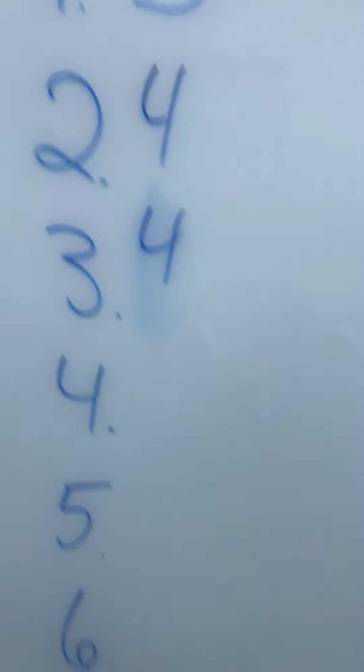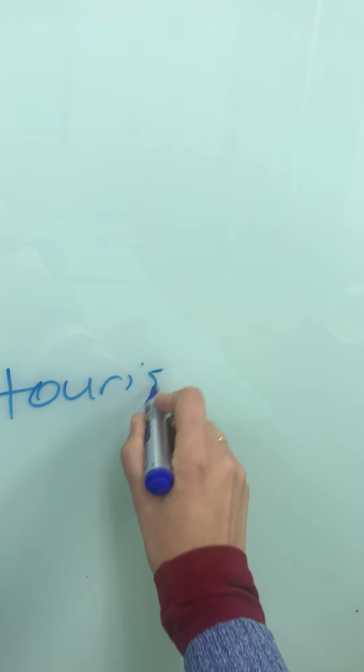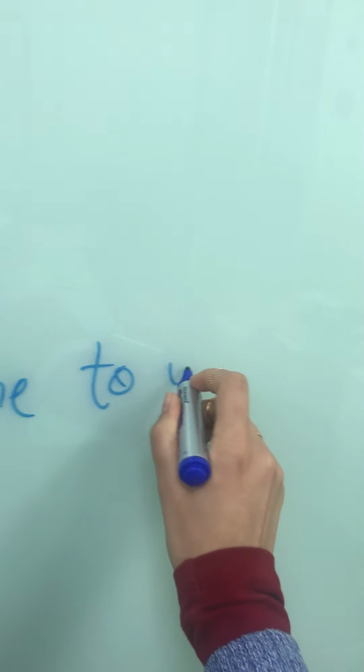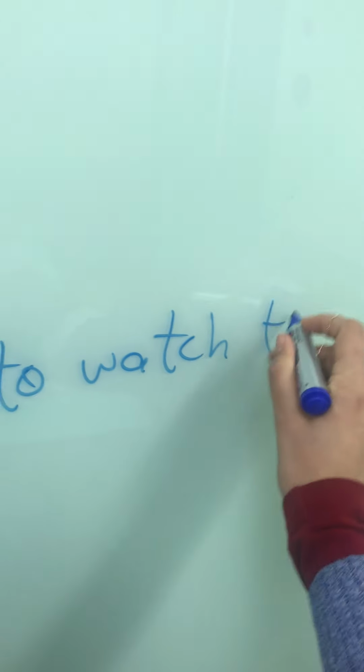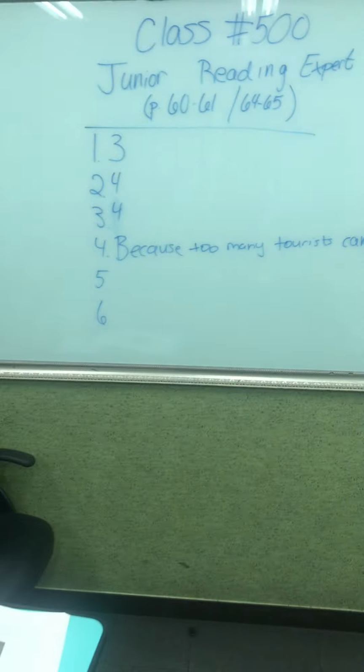Okay, so when we write our answer for question 4, we just say because too many tourists came to watch them. Okay? Because too many tourists came to watch them.